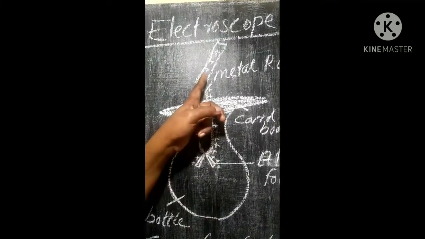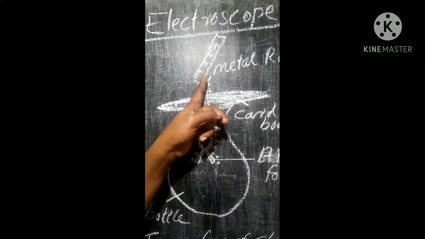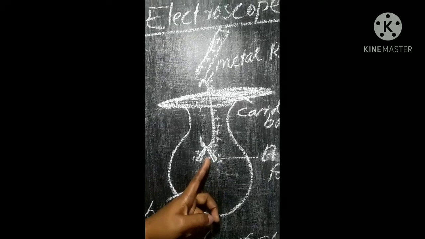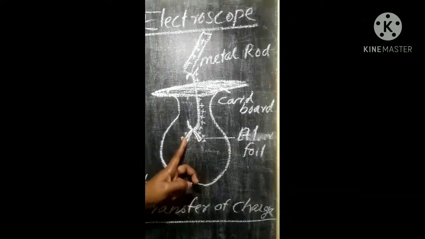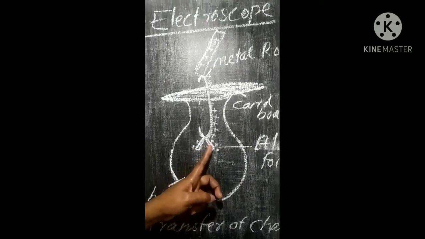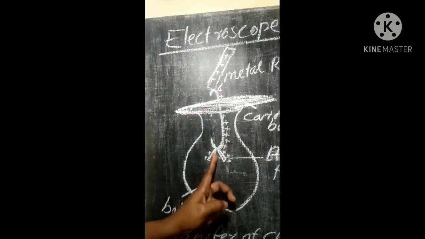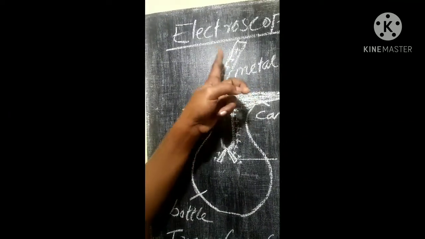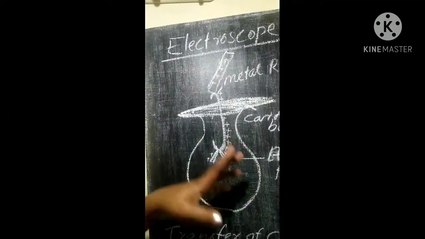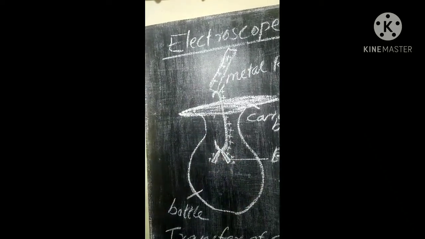By keeping an object in touch with the metal rod and looking at the strips, if they are moving away from each other, we can say that the object in touch with the metal rod of the electroscope is a charged one.